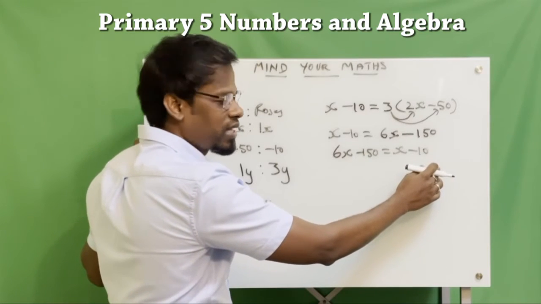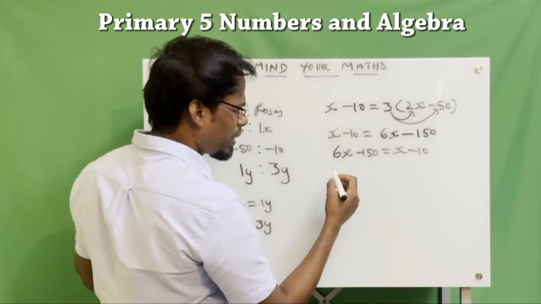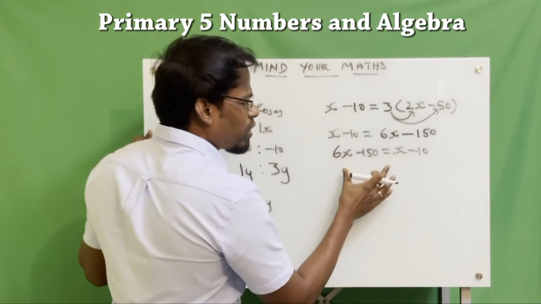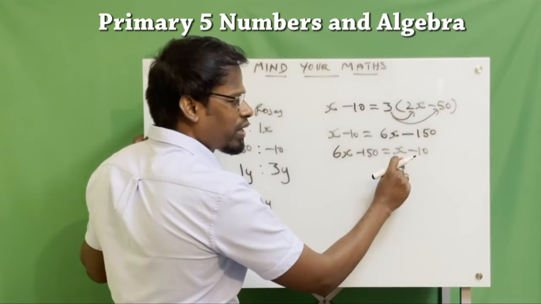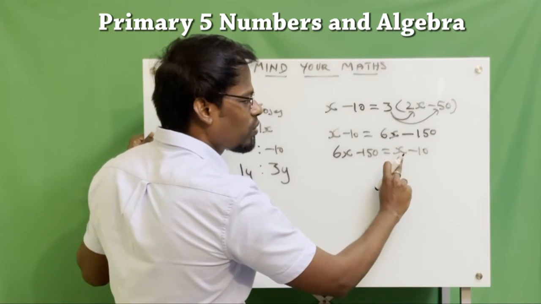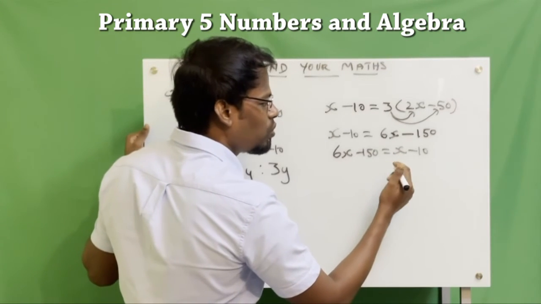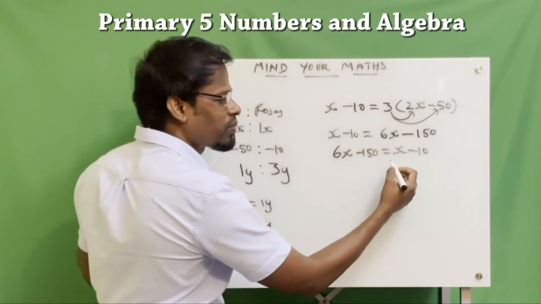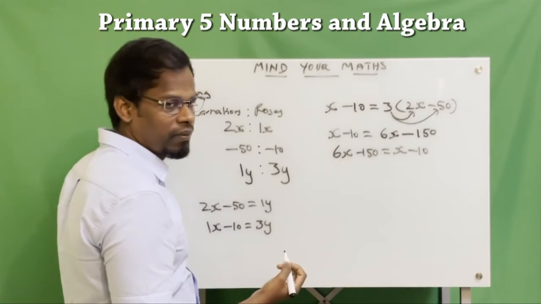It remains the same, right? So in this case, because we want to remove the x from one side, this is a positive x, so we just subtract another x from here, right?